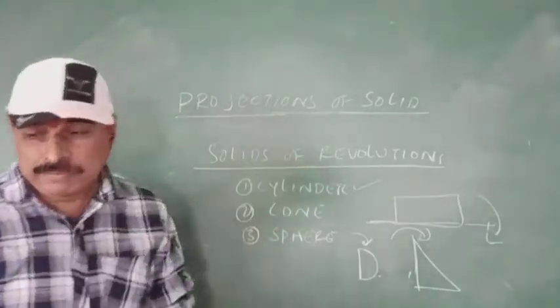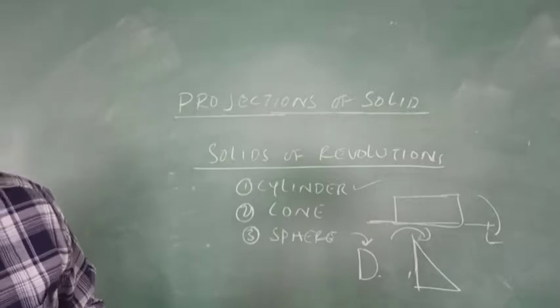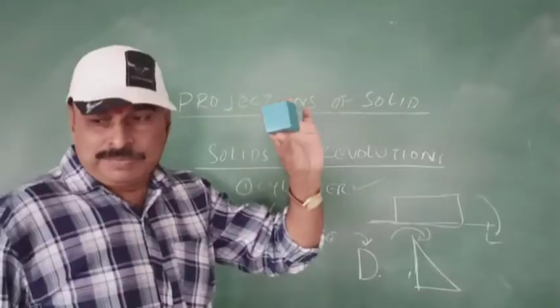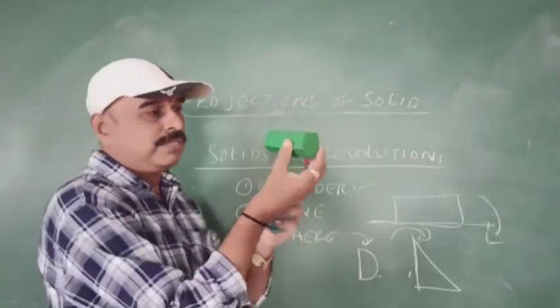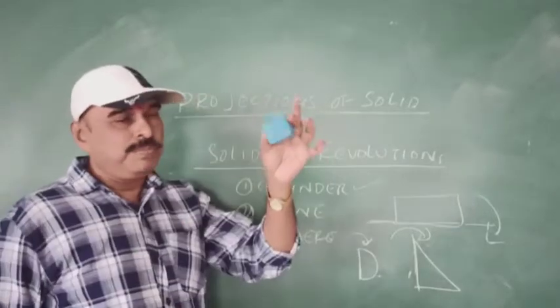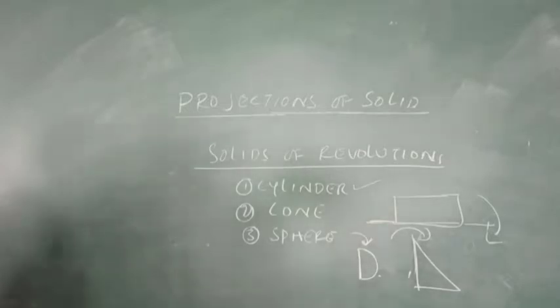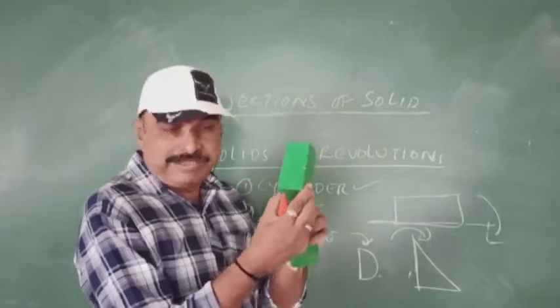Okay. But in drawing, we will be practicing problems on the cube. This is the cube. Okay. And problems on the prism. So this is the prism, this is the cube, and this is the square prism.